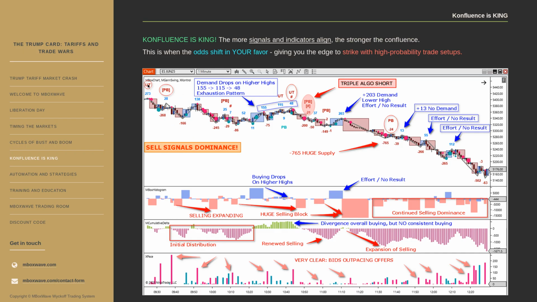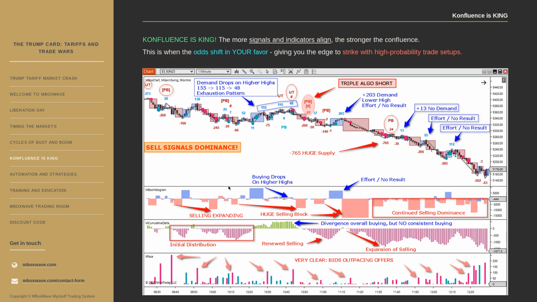We have so many sell signals, 1, 2, 3, 4, 5, 6, 7, 8, 9, and we have one buy signal here, right? That alone, if you just look at that, tells you, okay, we are bearish. If you ever see one side of signals, buying or selling, dominating, that can tell you the bias. And here we know the bias is a bear market, right?